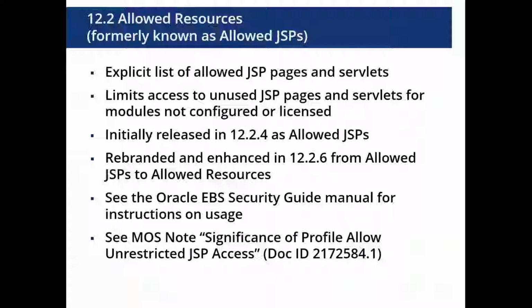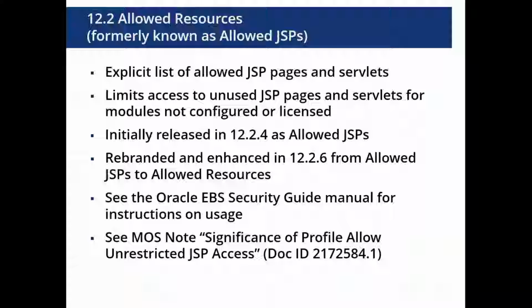So just like you did on the DMZ using the URL firewall, trying to block access to all that surface area of the application, you can now do that also internally in your environment. So this is an explicit list of JSPs within the application and servlets that I'm going to allow access to. So if I'm just running financials, I'm going to limit access to all those other modules. I'm going to take that 20,000 web pages and decrease it as much as possible.